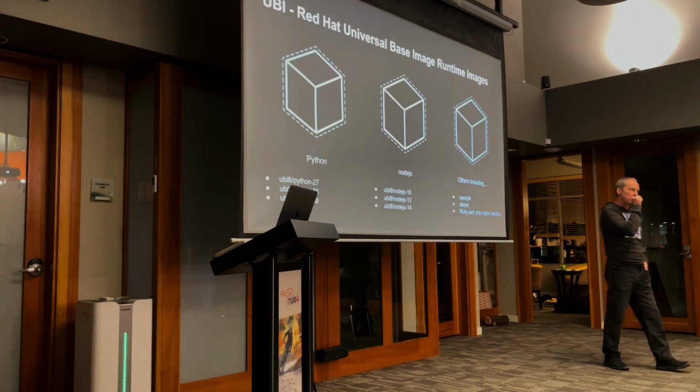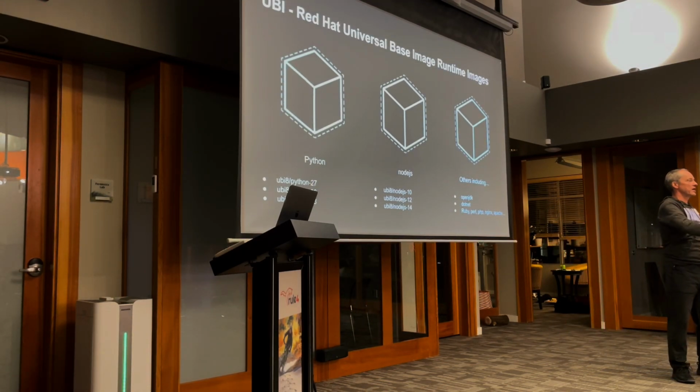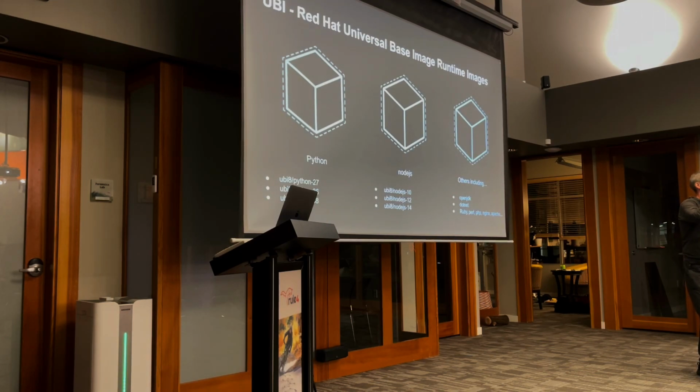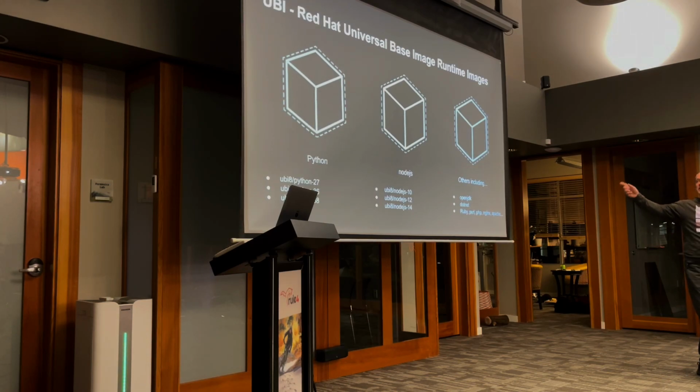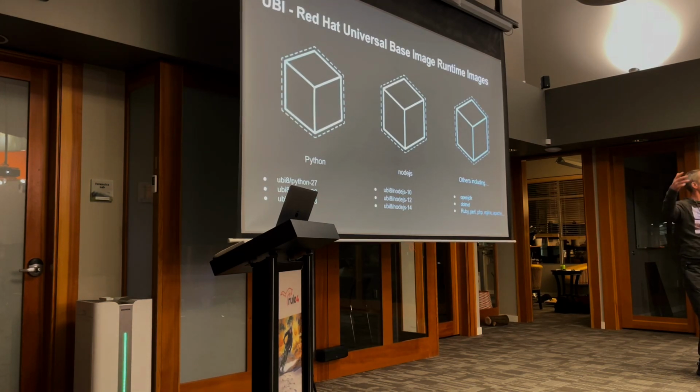What's nice for you is, let's just say there is another CVE, another big exploit. As soon as Red Hat have patched it, they will rebuild their UBI, and then the images derived from the UBI family will be rebuilt. So it's no longer on you. That's one of the advantages of having really good provenance and a big mainstream vendor behind it.